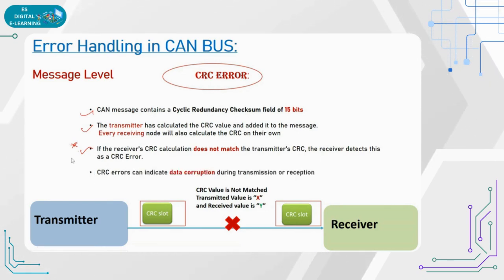Is it clear? If someone asks you what a CRC error is: the CRC error will be identified on the receiver side. If the transmitter side CRC and the receiver side CRC don't match the data, then we'll get the CRC error.